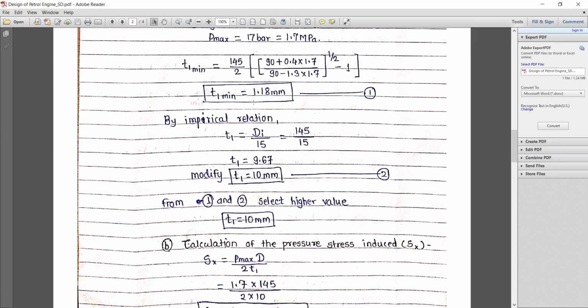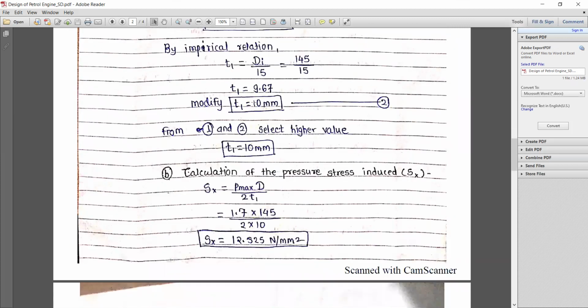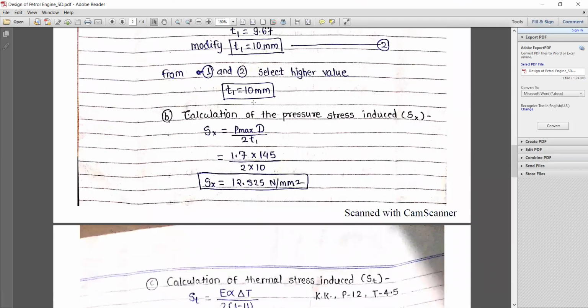So t1 is equal to 9.67, which we can round up to 10 mm. From equations 1 and 2, whichever is the higher value we consider for design. So the thickness of the liner t1 is equal to 10 mm. Now calculating the pressure induced.